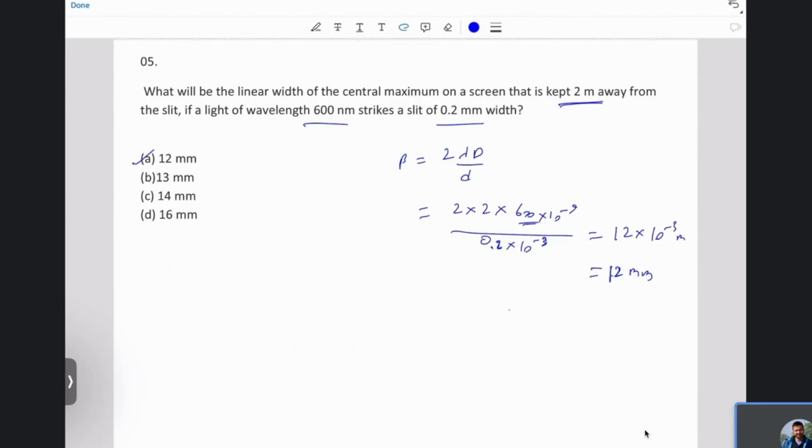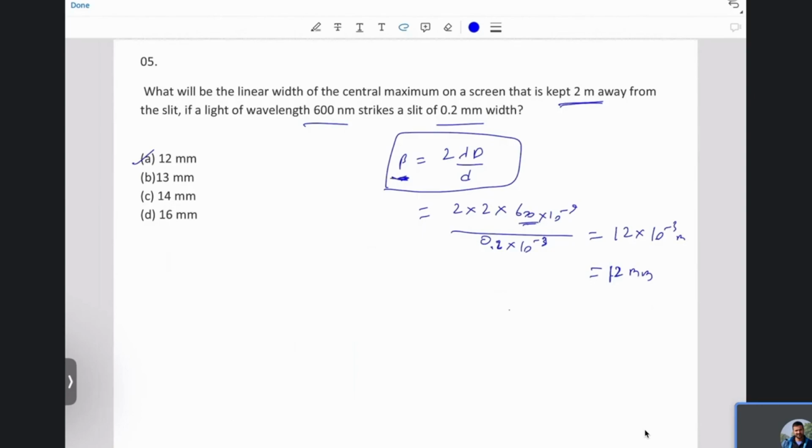So these problems are kept here so that you can calculate. Suppose you are using a source of light and you don't know its wavelength, but you can do this experiment. You can observe the width of the central maximum, right?